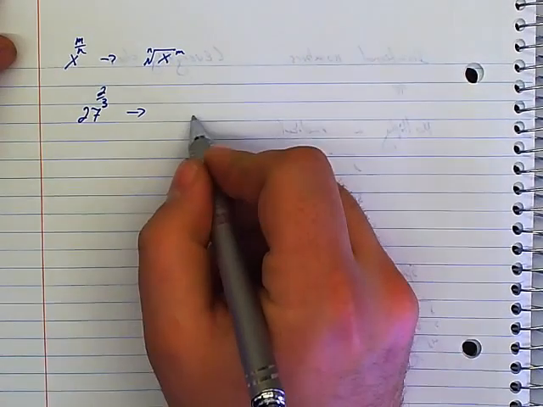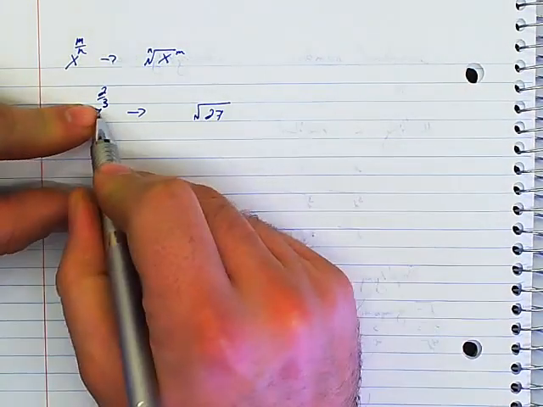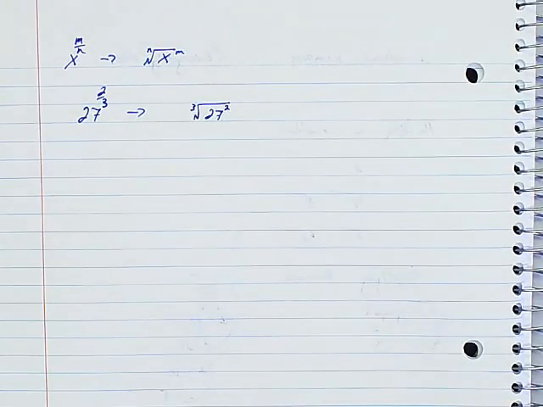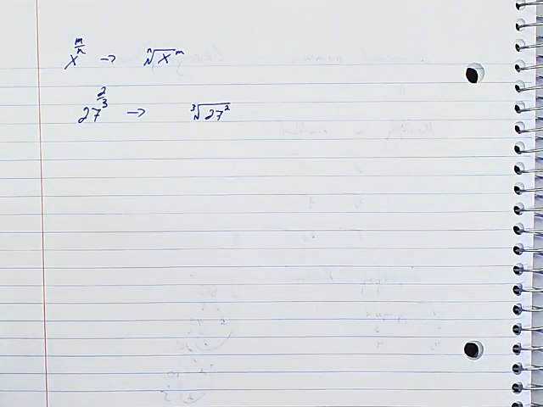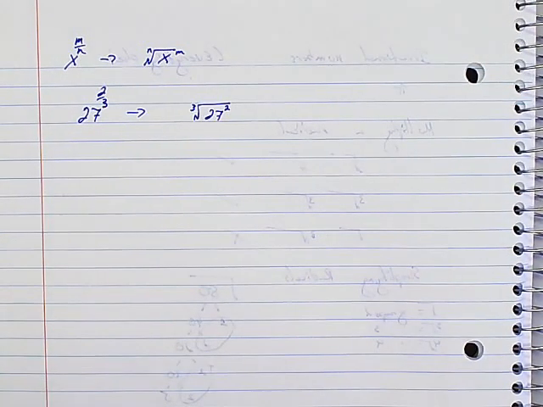All right, good example for this. Let's go with 27 to the power of 2/3. This turns into, we know we're going to have 27 as the base of our root.